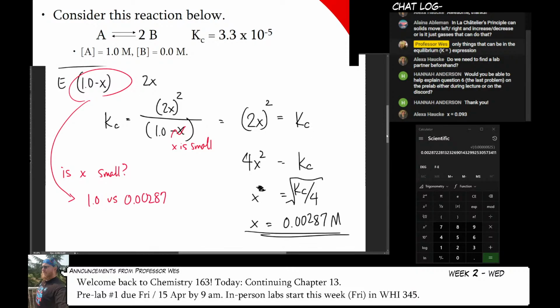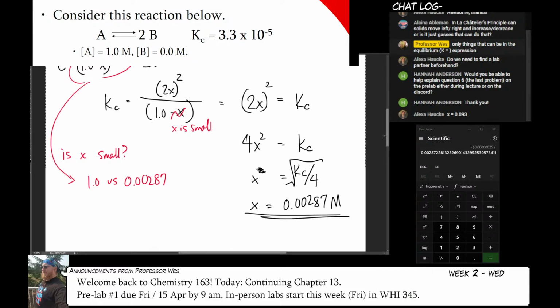The way that you do this is you divide the smaller one by the bigger one, and then multiply that by 100%. And what you would get is this. So my x was 0.287% of what I subtracted it from. That is less than 5%, so this is a valid approximation.